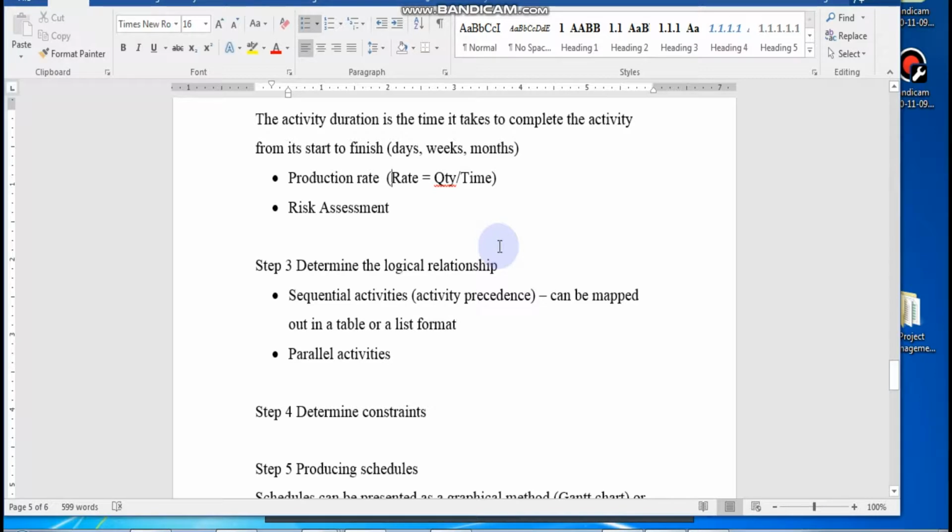You see, in step 1, we've already determined that logical relationship. Then after that, you determine the duration and the production rate and the risk assessments, and from there you will realize that some of this logical relationship may be able to be adjusted by having parallel activities, by putting in more resources, by improving the production rate, and you may want to redetermine that logical relationship.